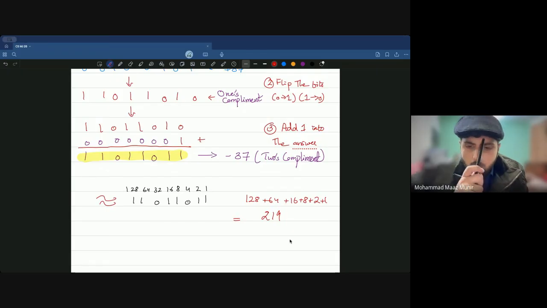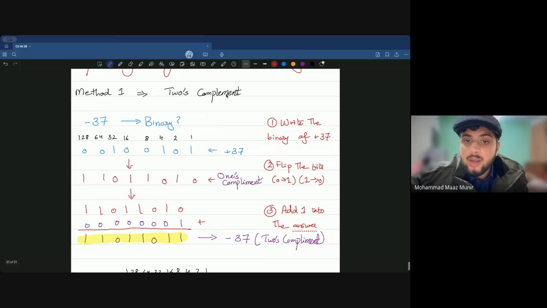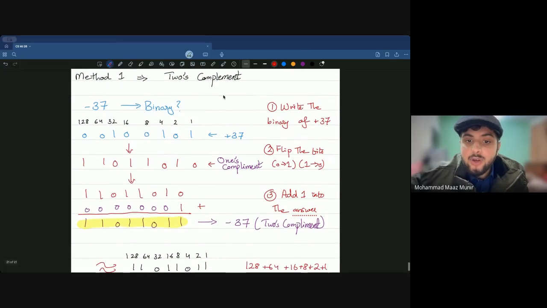And I really want to emphasize one thing: can we just add the first value with 1? No. You see, the process name is complementary, 2's complement. This means that there is an important step of flipping it. It's the same way, bro, if I tell you that you're cooking biryani, and in biryani you have to add tomatoes and onions, and you need to ensure that it's a bit fried before you add the rice at the end.